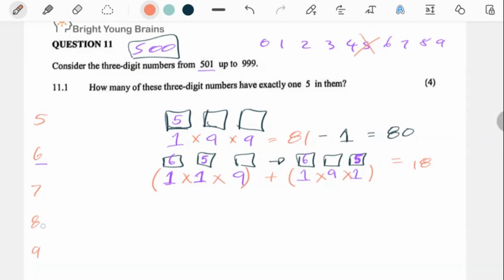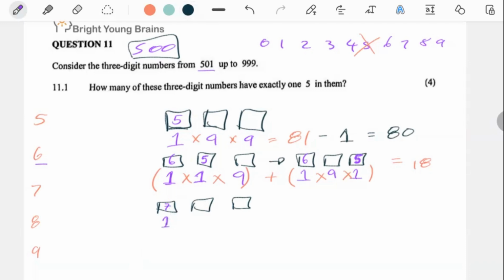So for the 7, the 8, and the 9, fortunately, after we have explained the 6, you can easily see how all the others have a similar way of working them out, you see. So for example, numbers that start with a 7, right? We know that 7 can be in the first position over here, meaning there's only one option for that starting position.